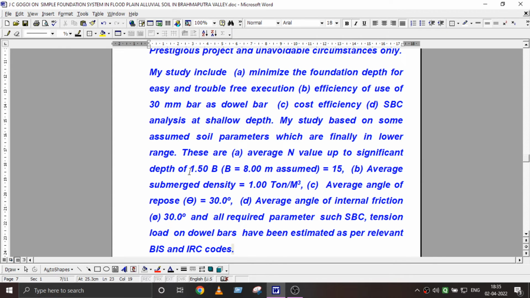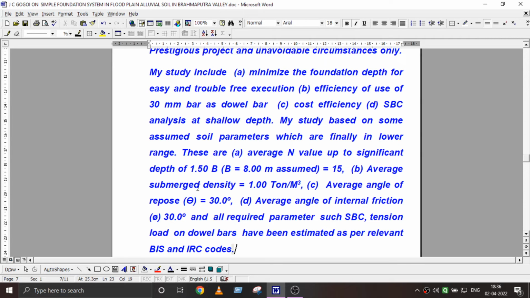These are never the exact values I adopt. The actual field value is expected to be a little higher than these values. I have collected the lowest value from my innumerable other works and soil behaviors also.